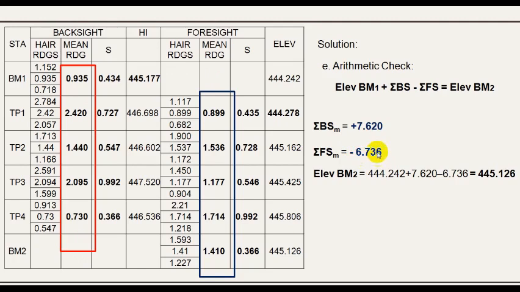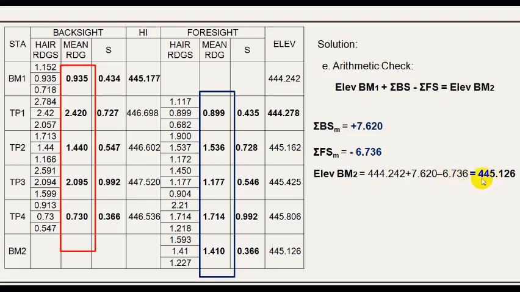Then we substitute: the elevation of benchmark 2 is equal to our known elevation, 444.242, plus our summation of the backside, which is 7.620, minus the summation of the foresight, which is 6.736.